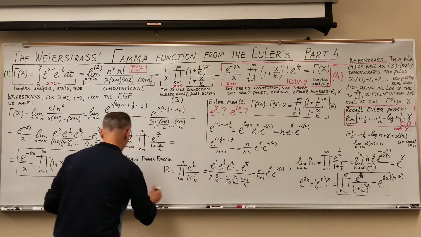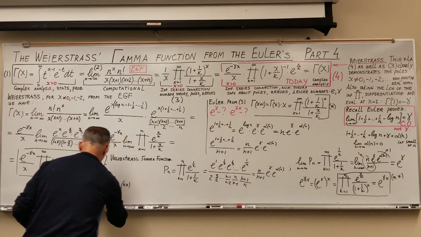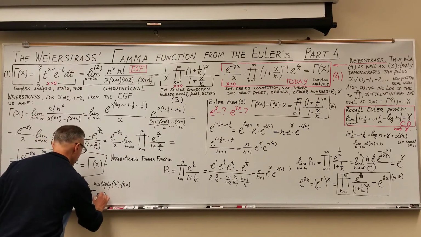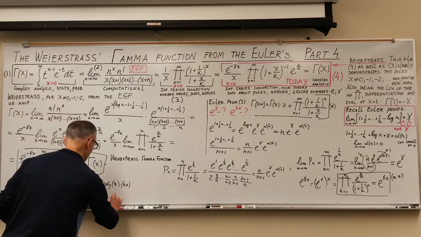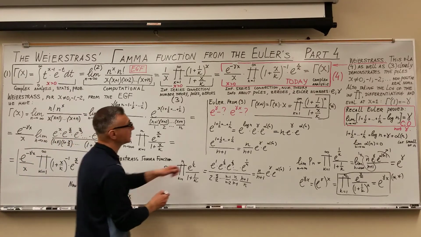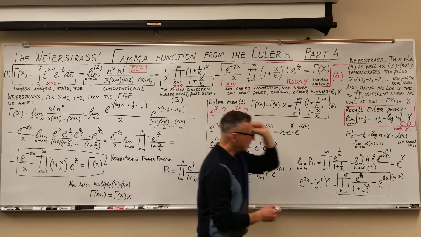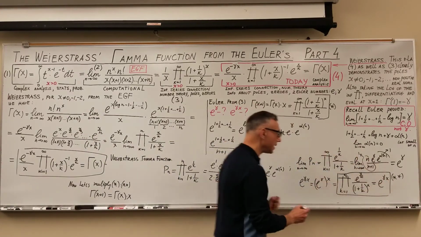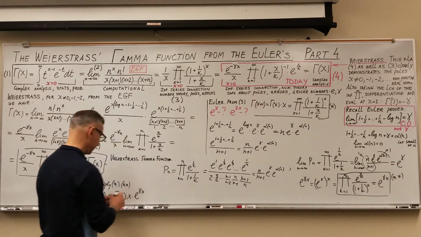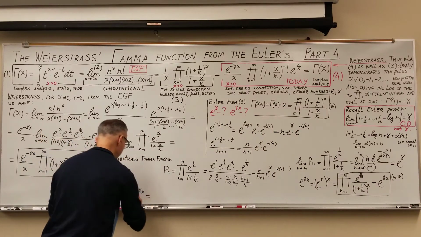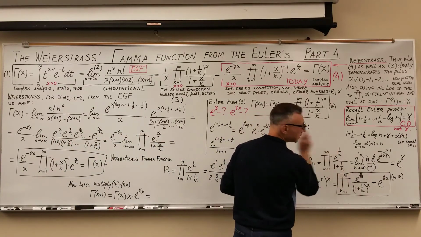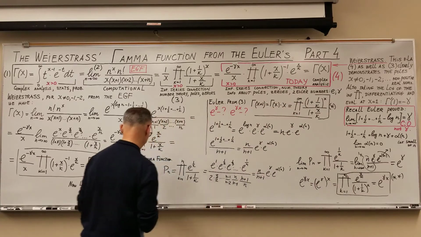That is my gamma of x plus 1, which is equal to gamma of x multiplied by x, and I multiply by the 2-star stuff, e to the gamma x. And it's equal to, so I need now to multiply those two infinite products.